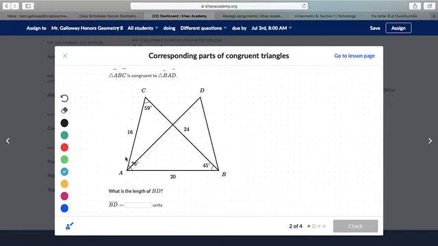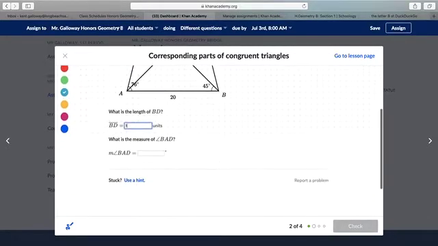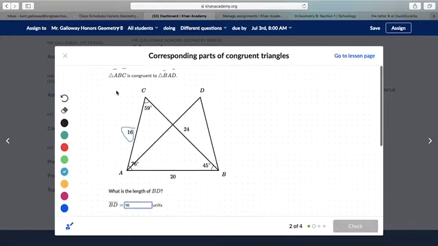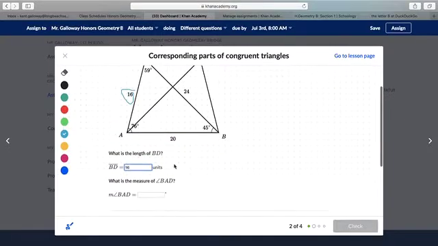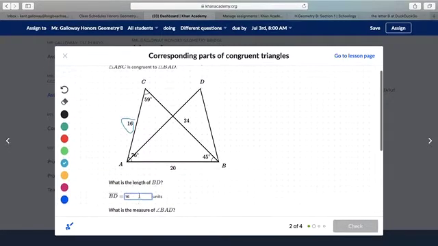What is AC? It's 16 units. I just matched up the order of the letters. If I asked you what side AD matches up with, it matches up with side BC, and so on.